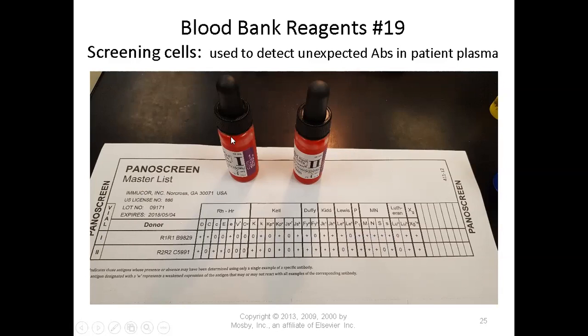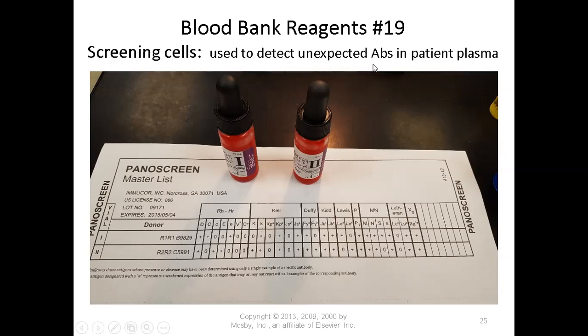We're basically testing our patient's serum or plasma, 2 drops in a tube with screening cell 1, and 2 drops in a separate tube with screening cell 2. We want to see if there's reactivity. If there is, then we need to find out exactly what the patient is reacting to, which antigens.